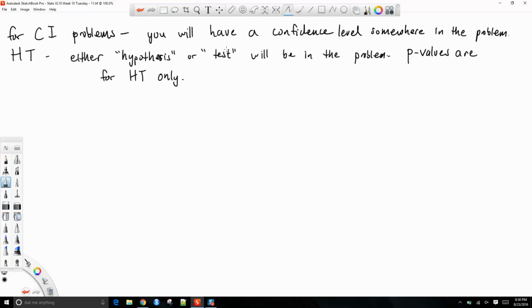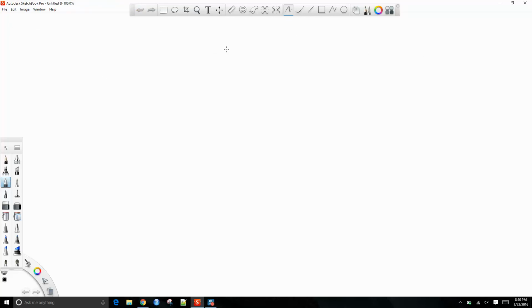I'll start throwing some formulas up on the screen, recapping everything together, and I think that'll be pretty much it. Of course, if there are any questions along the way, I'm happy to try to clear things up. I'm going to cover confidence interval stuff. We'll start with confidence intervals for P, one sample.